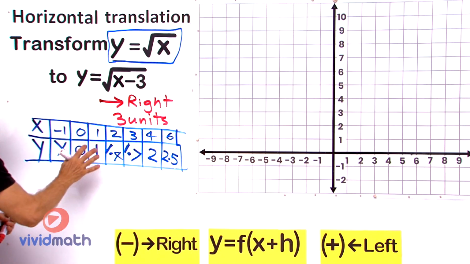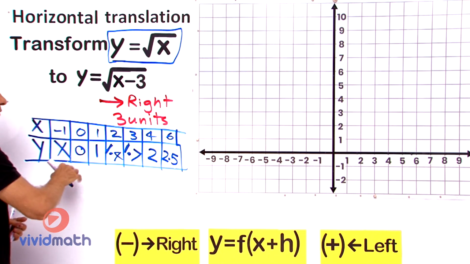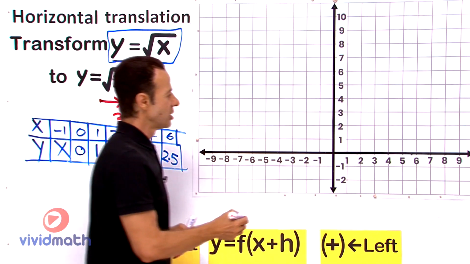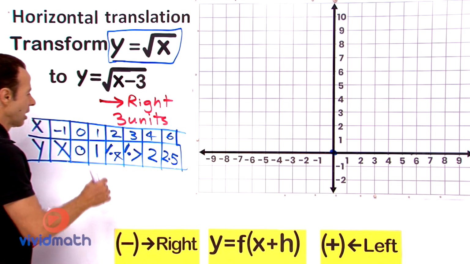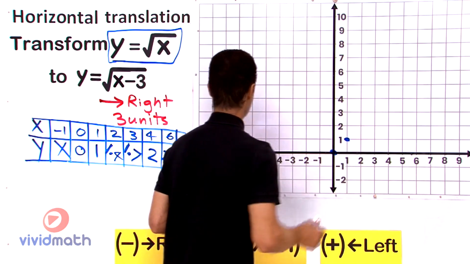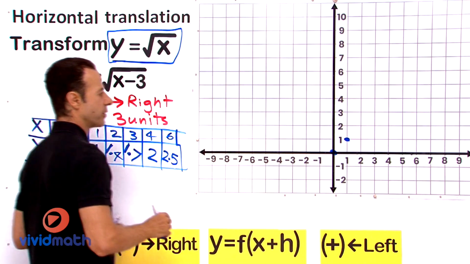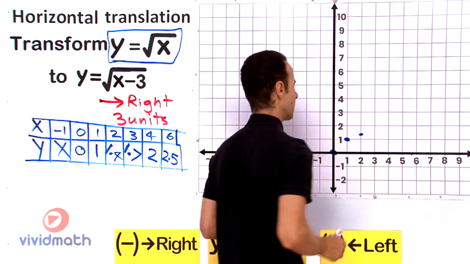Okay, so let's take these points and plot them here. The first point, -1, doesn't exist, so we start with 0, 0, right at the origin. Then we go to 1, 1. Then 2, 1.4, that's about there.